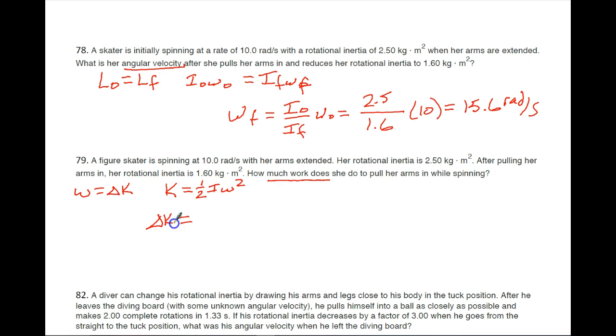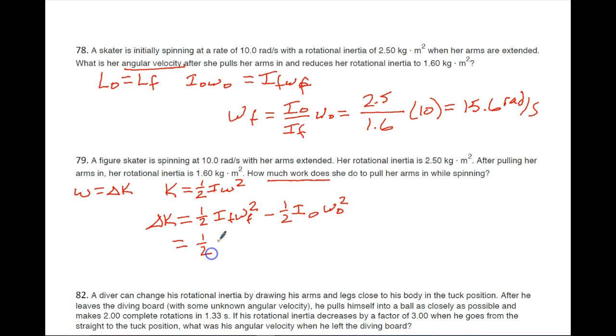So the change in kinetic energy is going to be rotational kinetic energy, 1/2 of I F omega F squared, minus 1/2 of the original rotational inertia times omega O squared. Go ahead and put our numbers in.